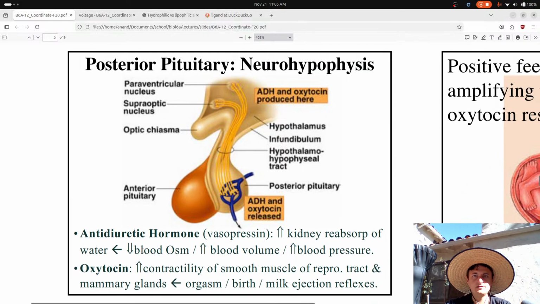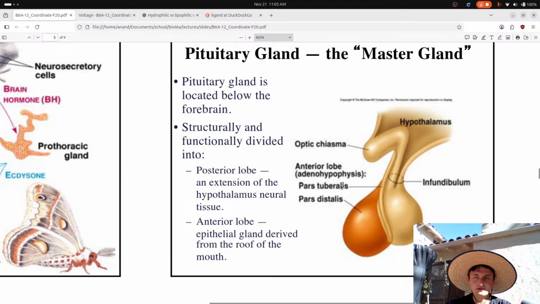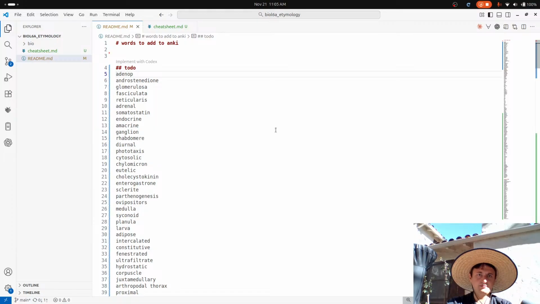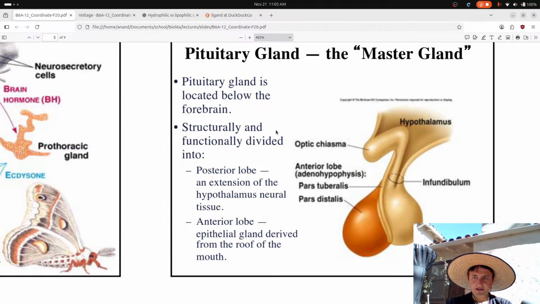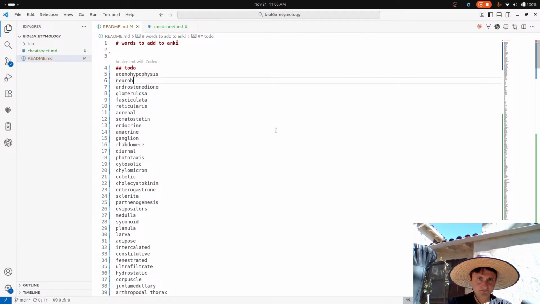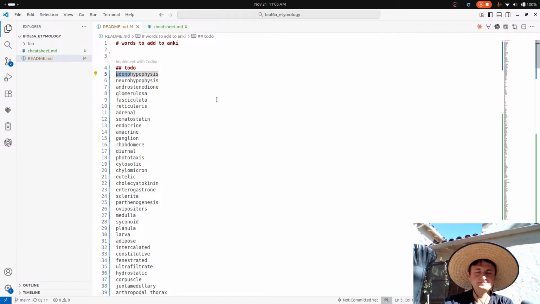Okay, so I guess we need these words. Adenohypophysis. And then neurohypophysis. I guess the thing that I want to know is, what does adeno mean?